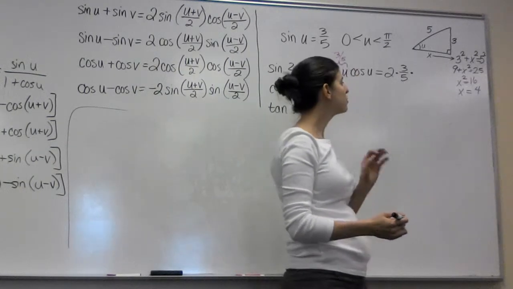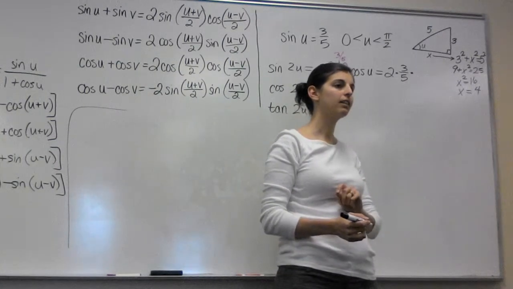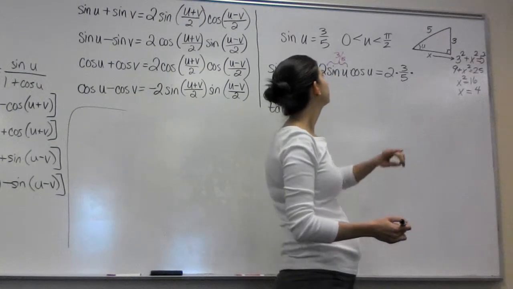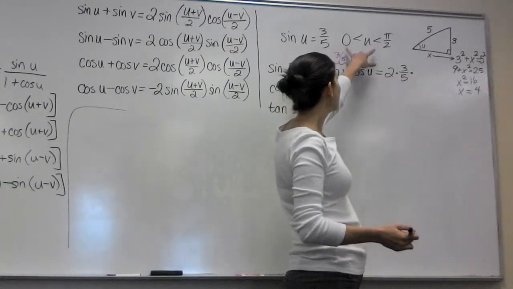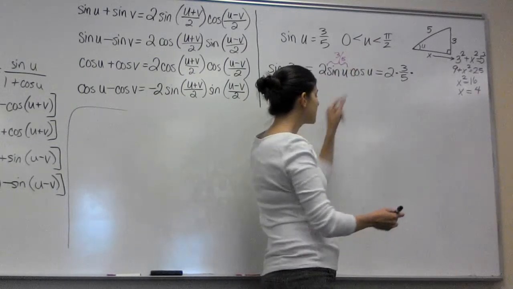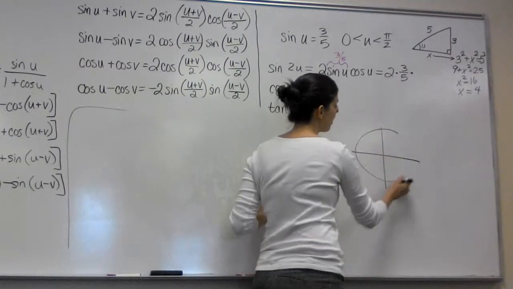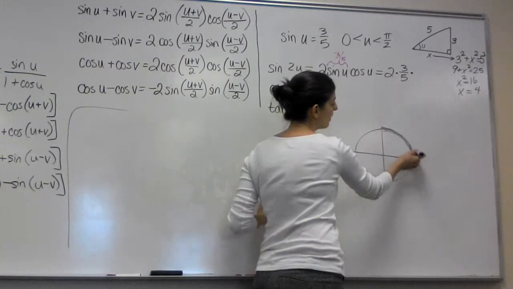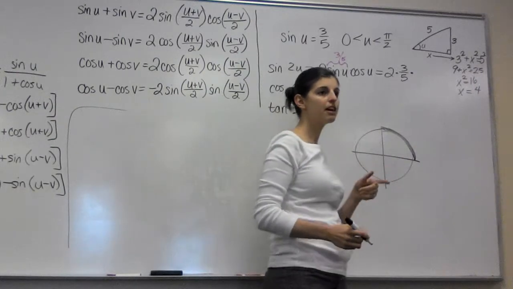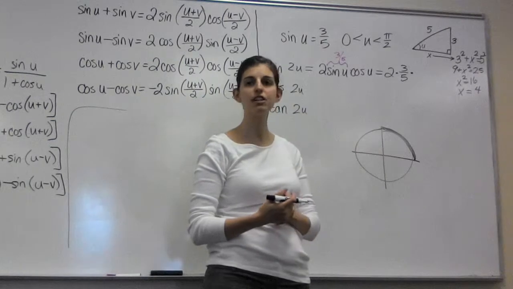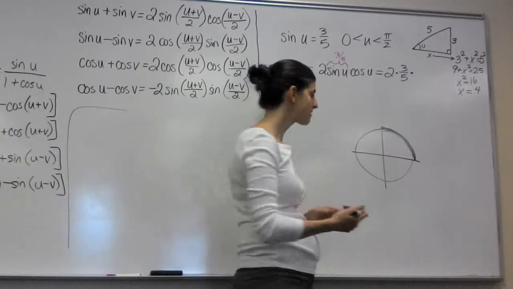Now, you should put plus and minus on that because you took the square root of both sides. However, the negative case may come into play right here. My angle is supposed to be between 0 and pi over 2. 0 and pi over 2 is right here. Should my cosine value be positive or negative in that section of the unit circle? Positive.